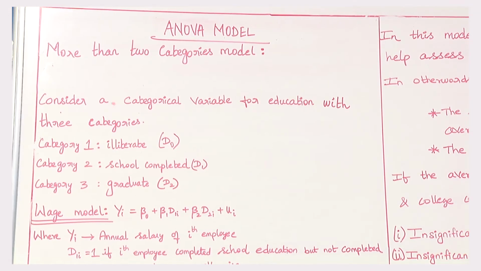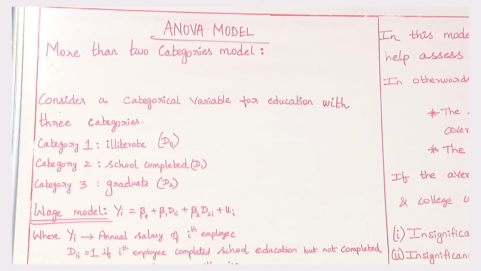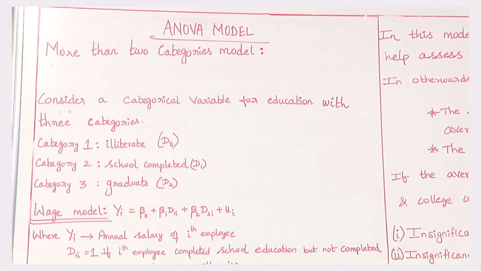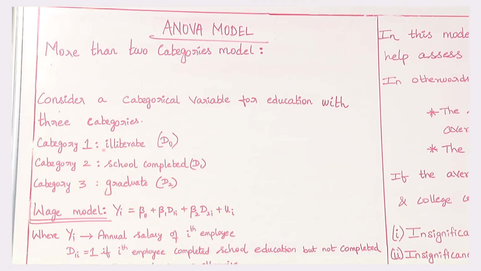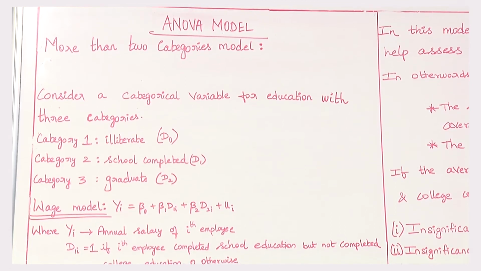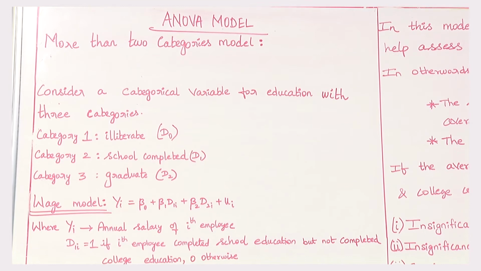Let us take another example of the ANOVA model. Consider a categorical variable for education with 3 categories. Category 1 is illiterate, category 2 is school completed, category 3 is graduate.